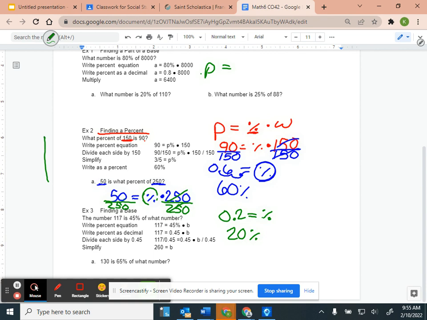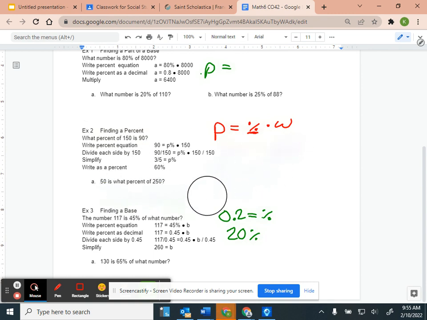I can't scroll up anymore, so I think we're at the bottom of our page. So we are going to do the same equation. We're going to look at what information they give us. The part equals the percent times the whole.